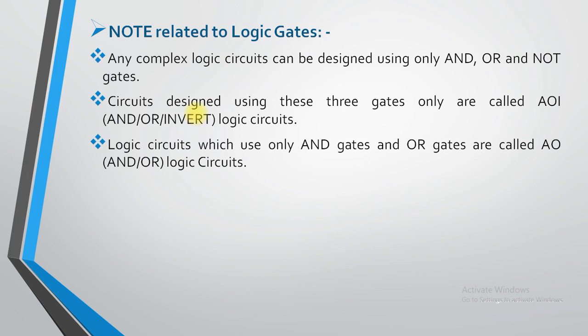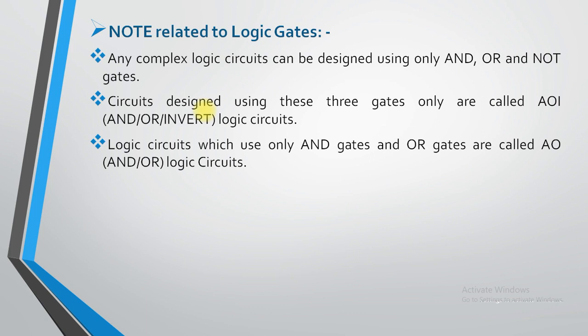Any circuit you draw using AND, OR and invert gates is known as AOI, and any logic circuit which you draw using both AND and OR gates is known as an AO logic circuit.